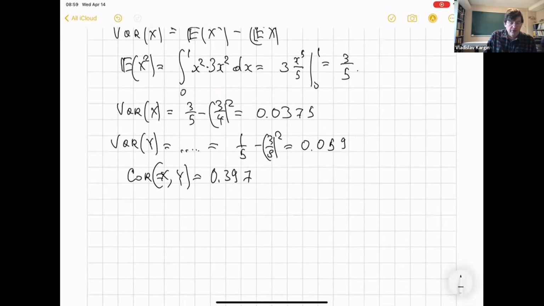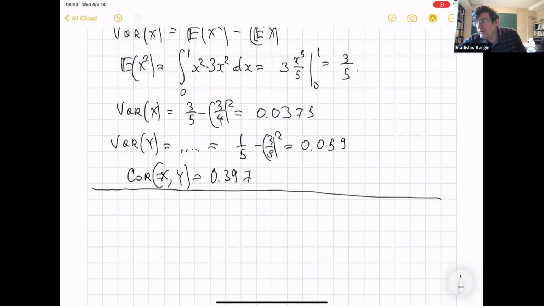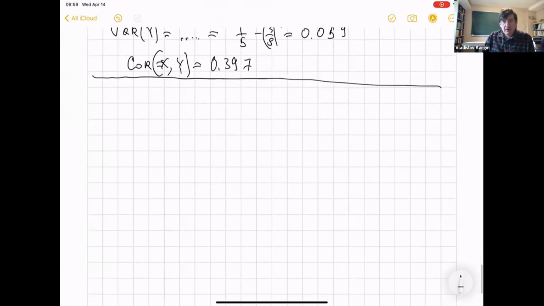So now another thing I want to talk about is a little bit more esoteric, so I would maybe prefer to skip it, but it is in the book and in some of the homeworks. So let us look at this, and this is just a conditional variance.